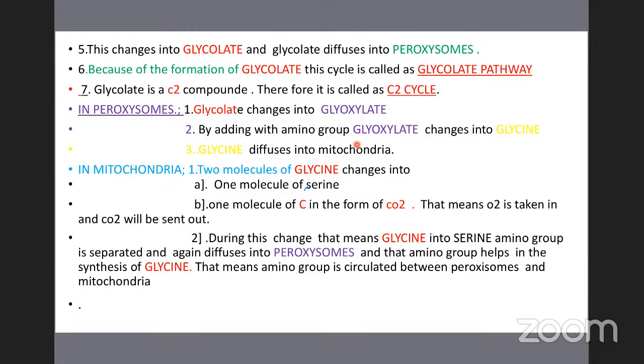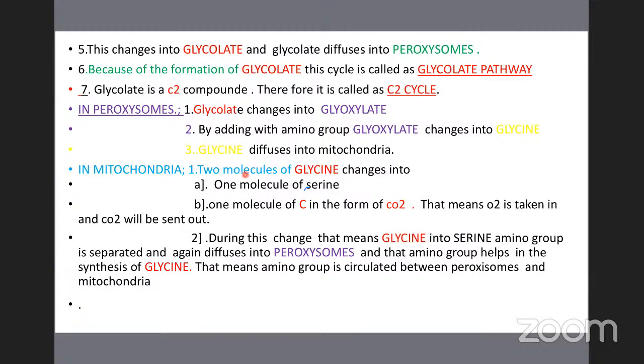Let us see the changes in mitochondria. In mitochondria, there are 2 molecules of glycine, because glycolate is a 2C compound, and glyoxylate and glycine are also 2-carbon compounds.